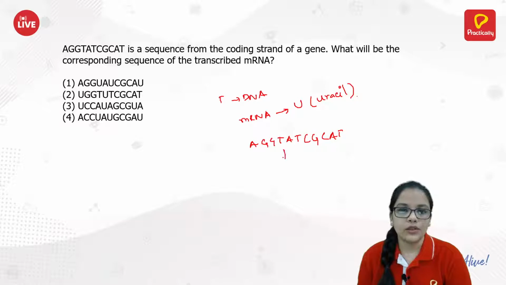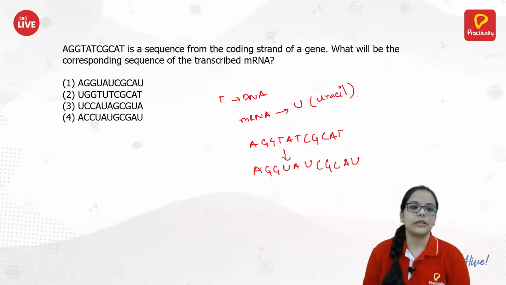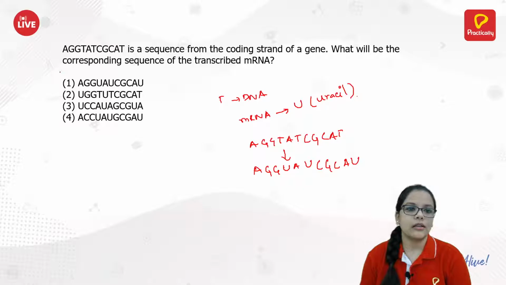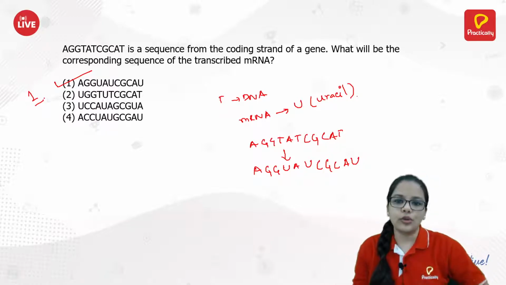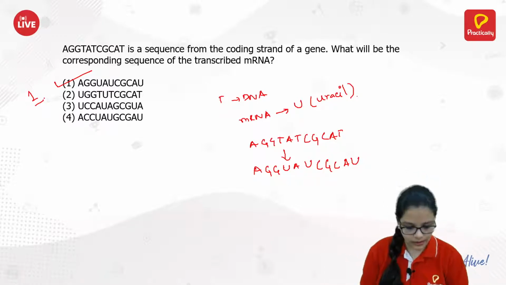What will this become? Just turn all the T's into U's. AGGUAUCGCAU. This will be the sequence. So the answer is 1, just converting the thymine into uracil.